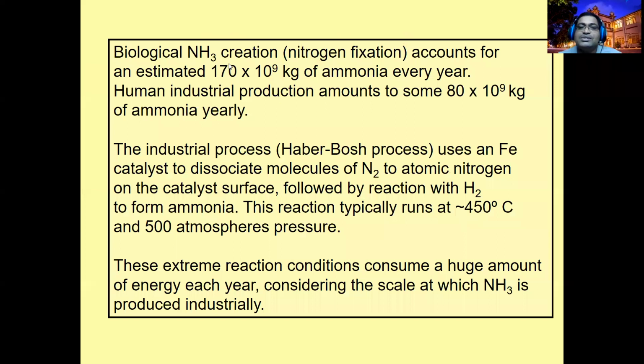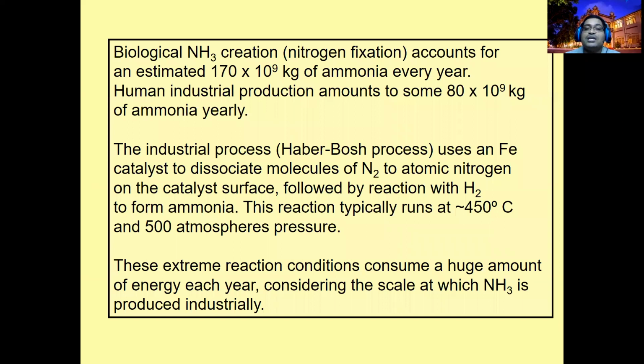Biological nitrogen fixation accounts for an estimated 170 × 10^9 kilograms of ammonia every year. Imagine how much nitrogen is fixed into the crop soil.